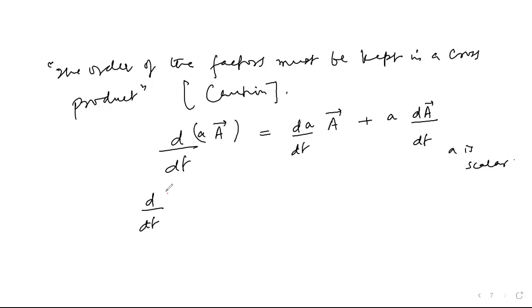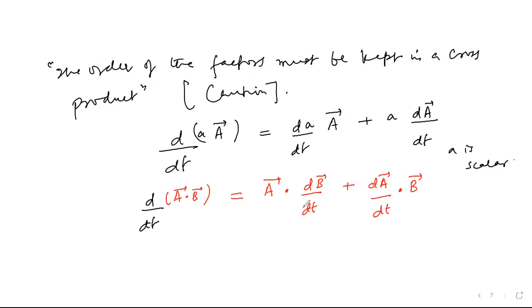And if you have to differentiate the dot product of two vectors like this, what you do, write A dot d by dt of B plus dA by dt dot B. This is how you differentiate dot product.